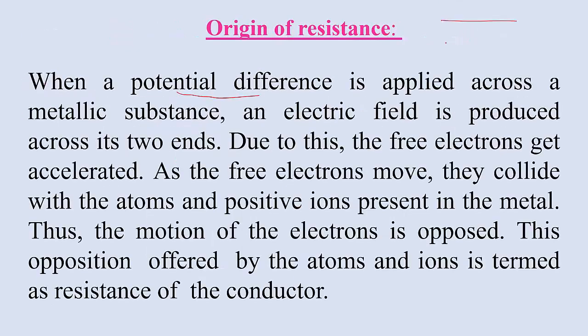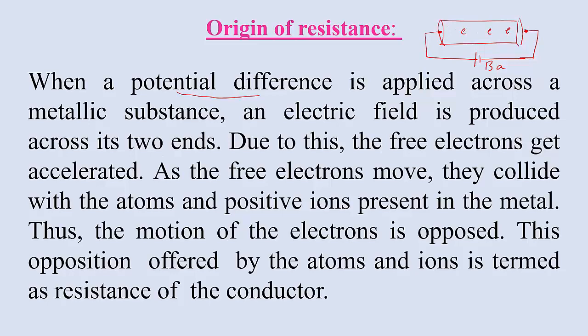See here, we are going to consider a metallic conductor and we apply a potential difference, that means let us connect the ends of the conductor to the battery. Applied across a metallic substance, an electric field is produced across its ends. Here, the electric field is produced. Due to this, the free electrons get accelerated.